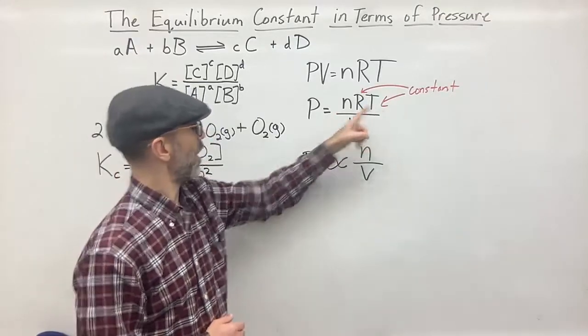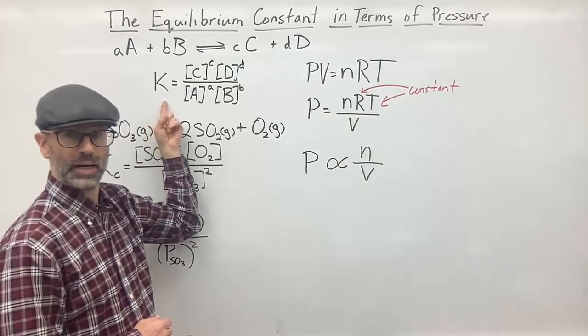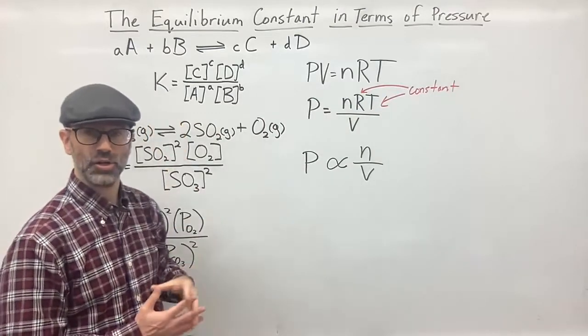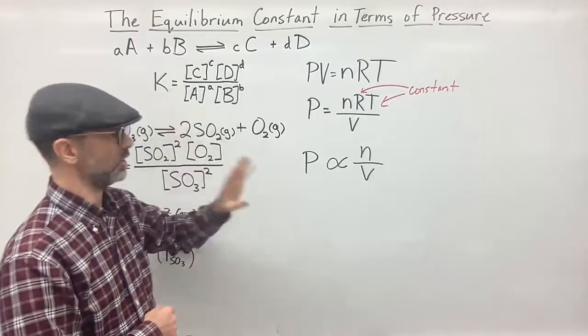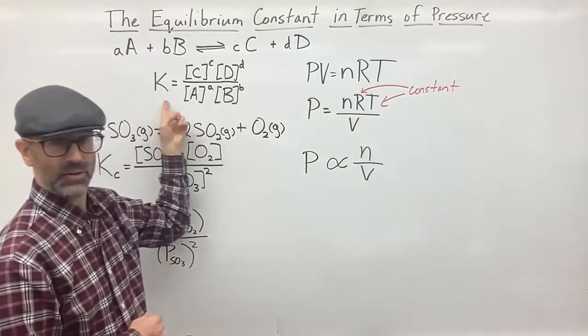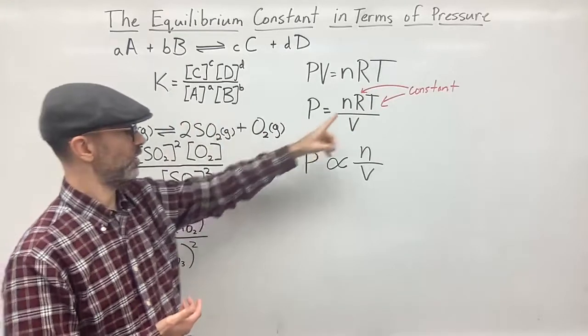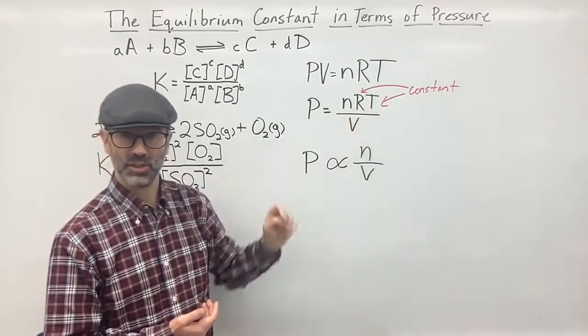But remember that our equilibrium constant is constant only under certain temperatures, right? So change the temperature, you change the value of the constant. So in order for this constant to actually stay constant, you need to keep the temperature constant as well.